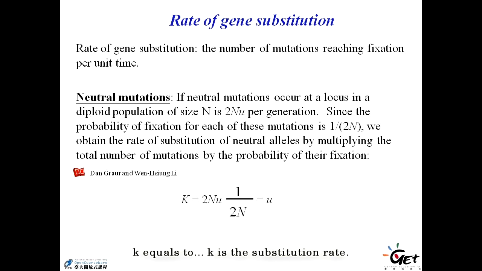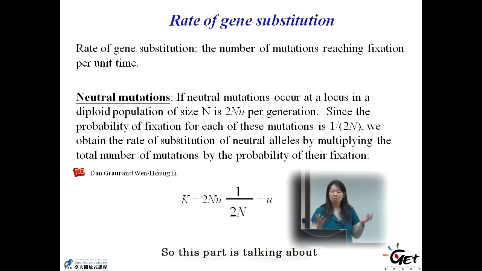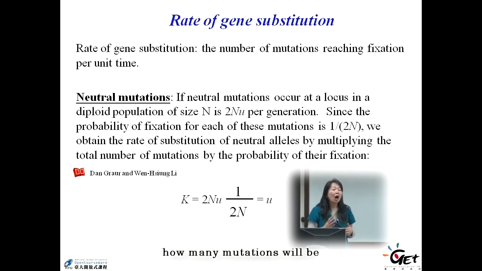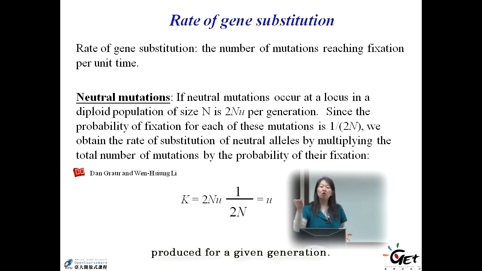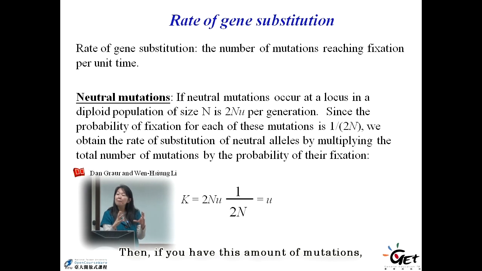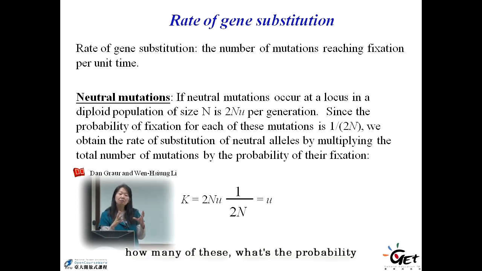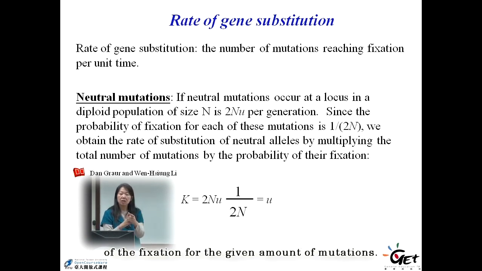K is the substitution rate, equal to 2N mu, where N is the population size and mu is the mutation rate. This part is about how many mutations will be produced in a given generation. Then, if you have this amount of mutation, we calculate the probability of fixation for that many mutations.